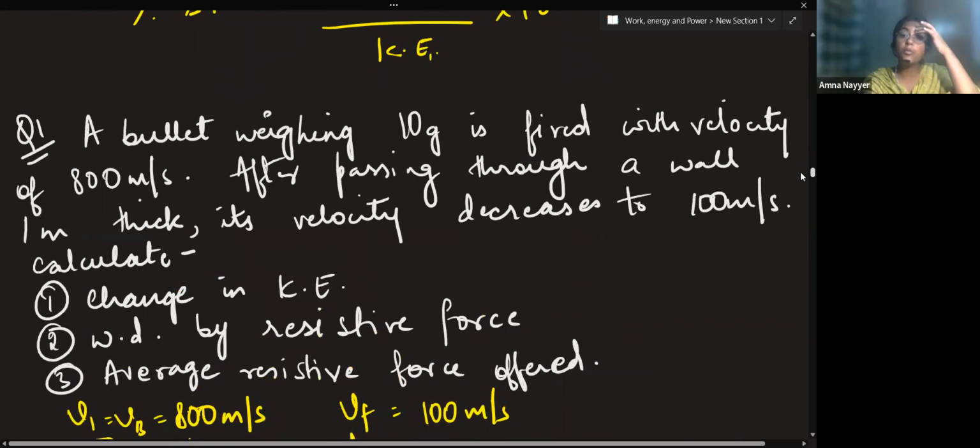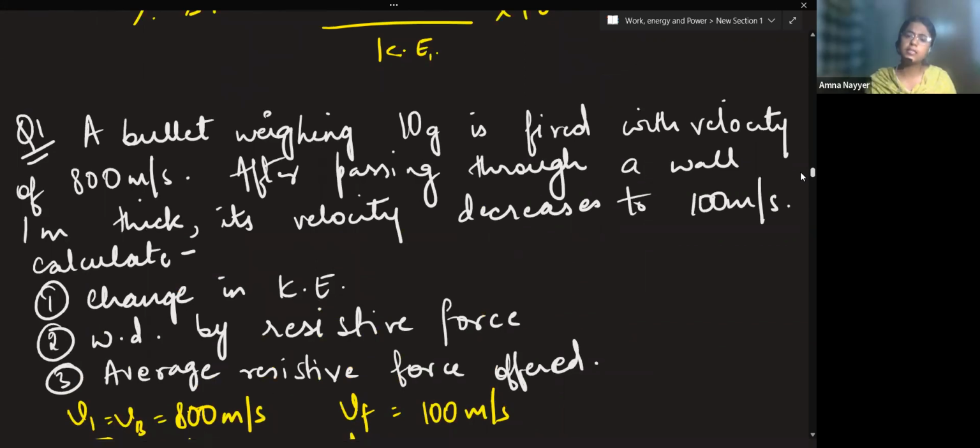Okay. So now work done by resistive force. Do we actually need to calculate work done by resistive force? If I have the change in kinetic energy, what will be the work done? Anyone? What was the work energy theorem?